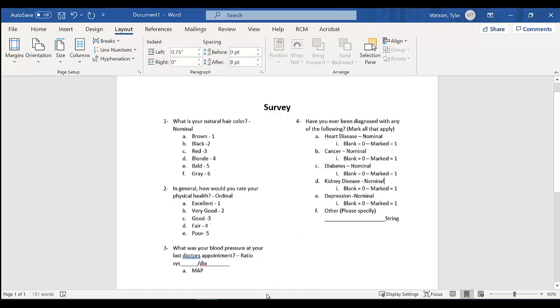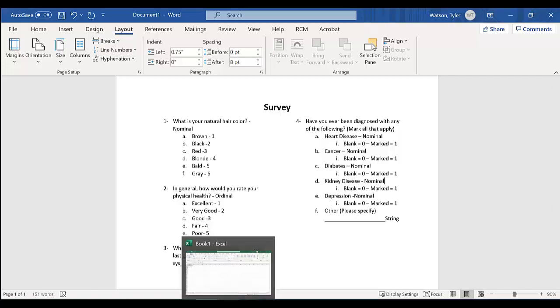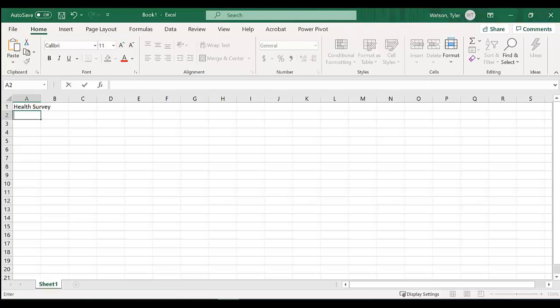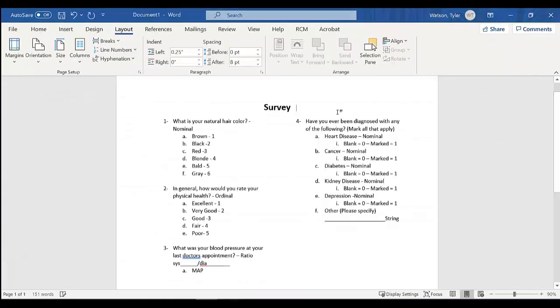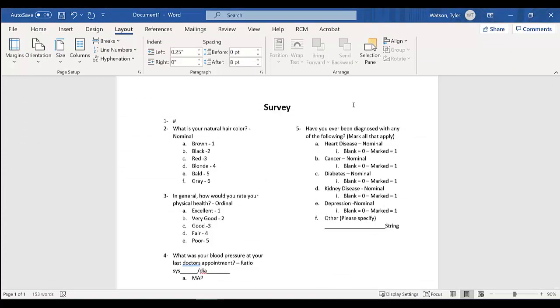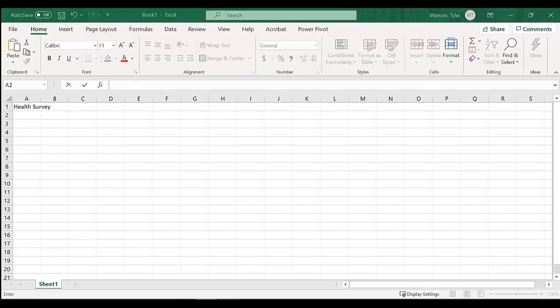As we take this information and move it over to Excel, there's a couple of things we need to do. The first is, remember, one thing that wasn't on here is a unique identifier. So survey number, whatever, needs to be on our surveys, because each line across this Excel spreadsheet is going to be one survey response.